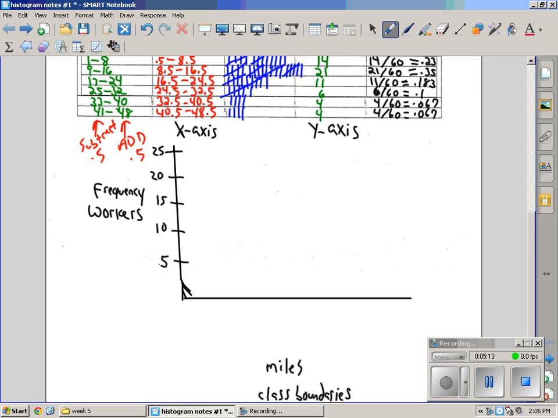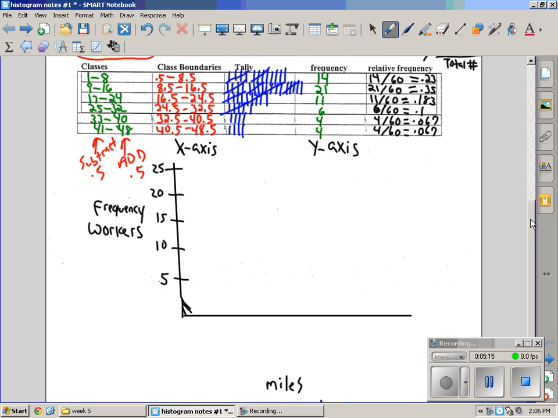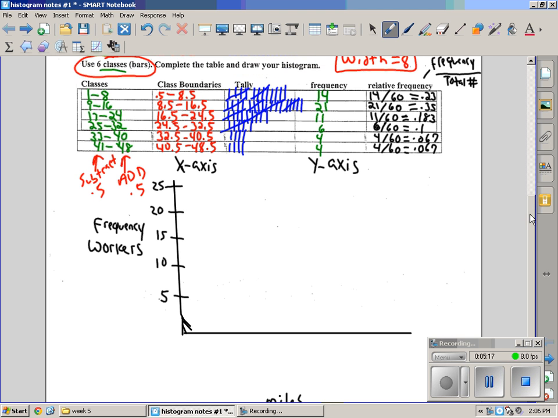And we're going to list our class boundaries down there. So 0.5 to 8.5. And the next one's from 8.5 to 16.5. We already have the 8.5, just making our bars touch.